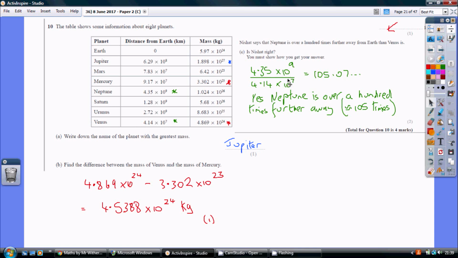So just pop that into your calculator. Again, I suggest you use the fractions button, 3 down on the left hand side on a calculator, and that gives us an answer of 105.07... So yes, Neptune is over 100 times further away. In fact, it's about 105 times away.